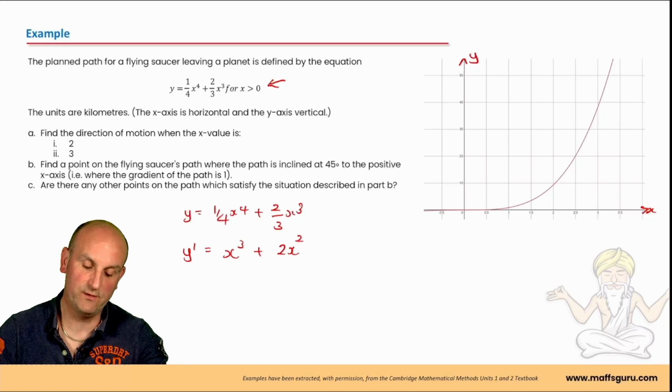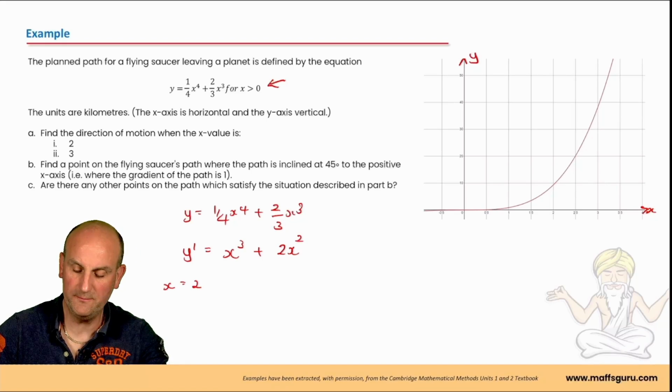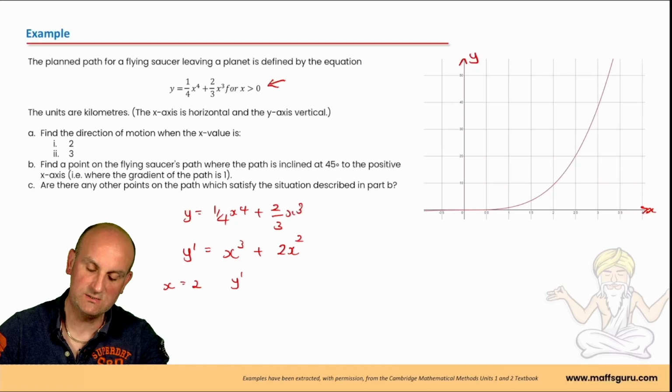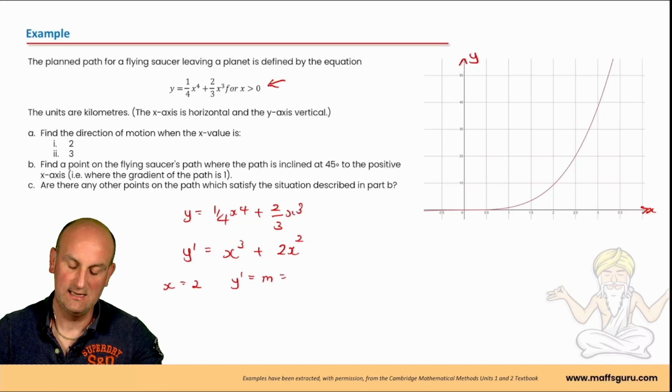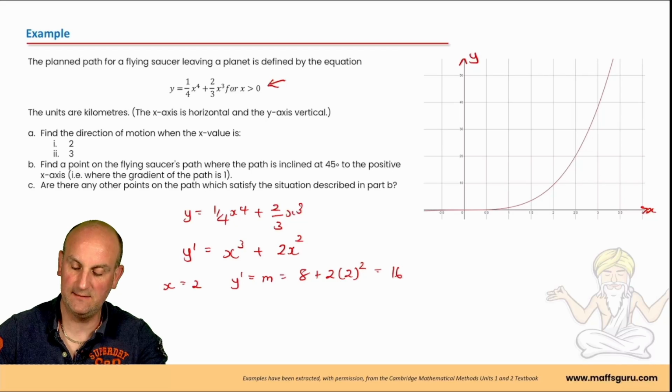So what is the direction of motion? So in which case, I now want the value of x is equal to 2. So I'm going to write that y dash, which is otherwise my gradient, and I'm going to write that as m just to give me a hint, is equal to 8 plus 2 times 2 squared, which is 8, which is going to give me 16. All right, so there we go.